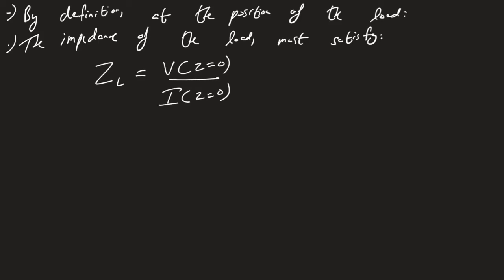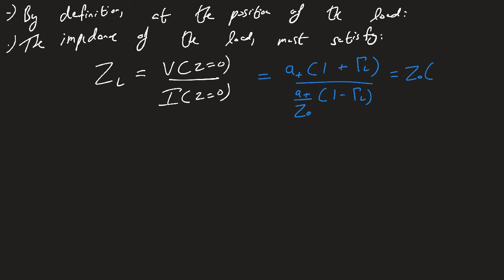Now if we substitute equation A, our expression for the voltage at a general point, and equation B, our expression for the current, then ZL becomes equal to A plus, the amplitude of the forward propagating wave, times 1 plus gamma L, over A plus over Z naught, where Z naught is the characteristic impedance of the transmission line, times 1 minus gamma L.